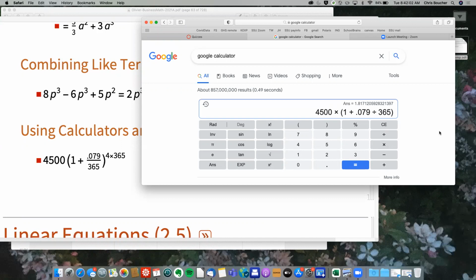Now, already a question comes up to me. In here, do I need any parentheses? Because I have two operations. I have a plus and a divided by in there. Do I need any other parentheses, or will this work? So yes, that will be fine. The answer is you don't need them.